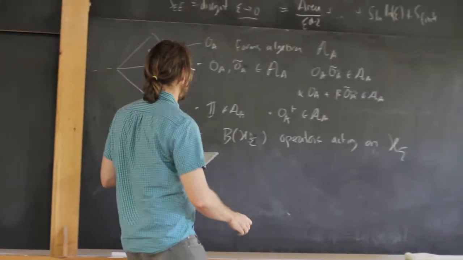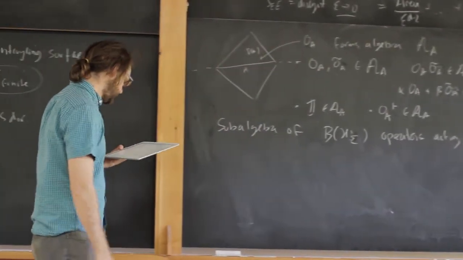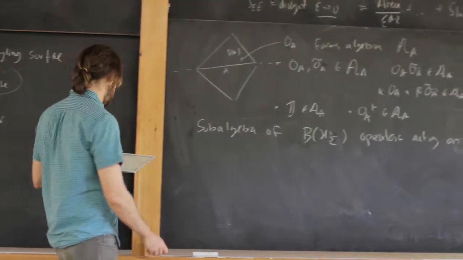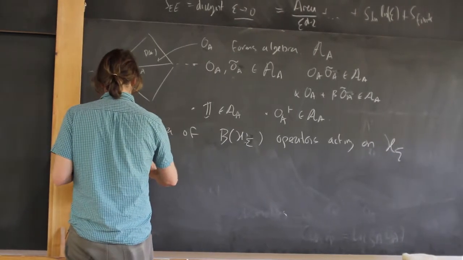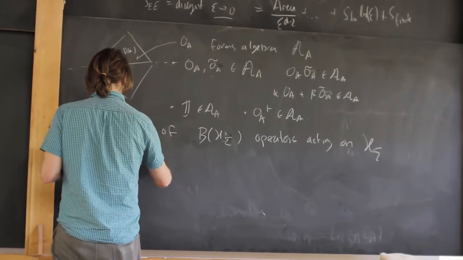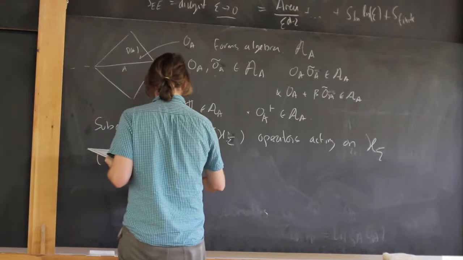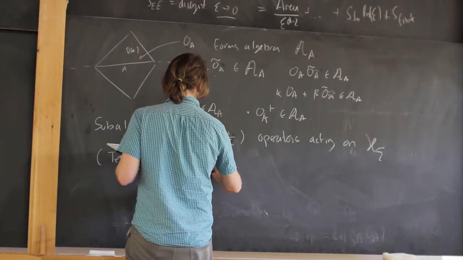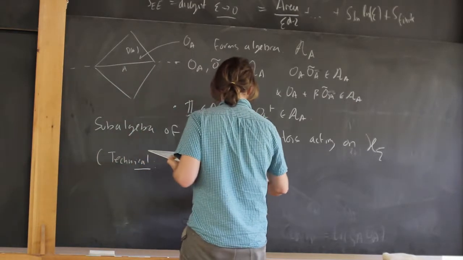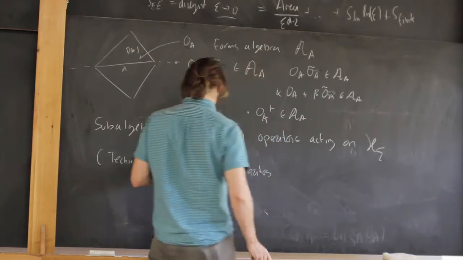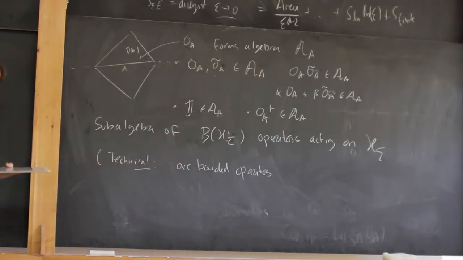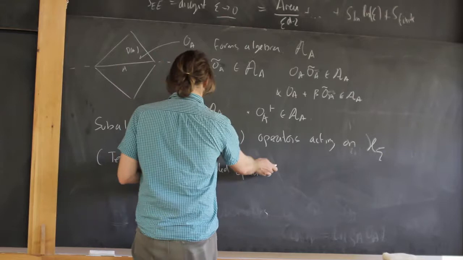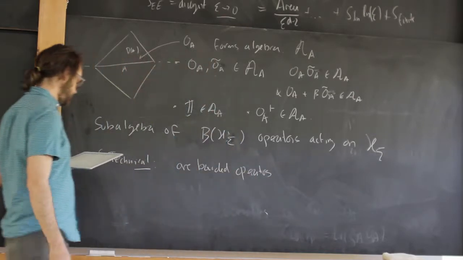Okay, so this is the structure. Now, there's some technical things that I don't really want to get into. These are bounded operators, which is not actually the kind of the operators you're used to thinking about in quantum field theory, likely. So this just means that their maximum eigenvalue is bounded.